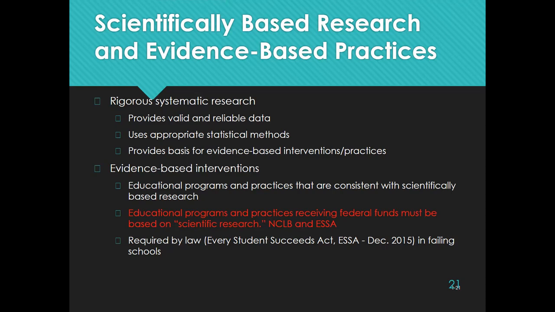So no school can just say, we're going to implement this new behavior intervention program and we're going to go buy it and start it next week. There have to be studies done on that program. There have to be papers written on the program, and then the school or the district must prove to the federal Department of Education that they're going to implement something based on scientific research so it can be funded.